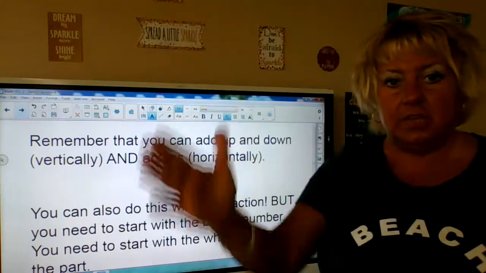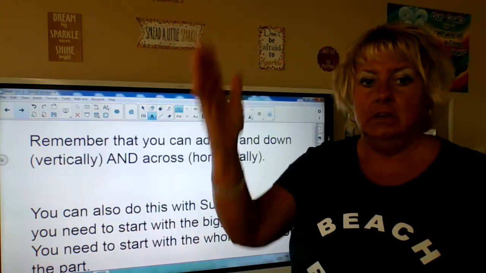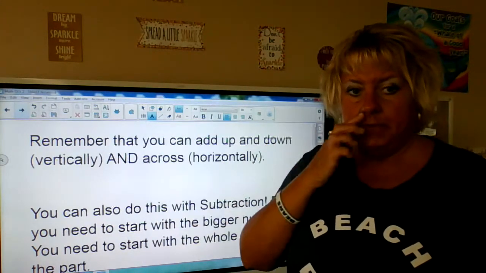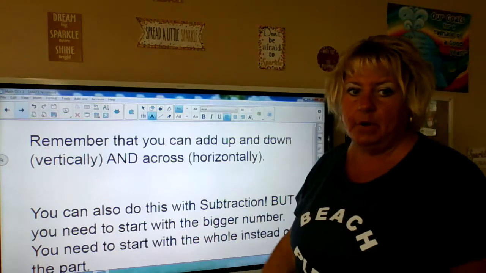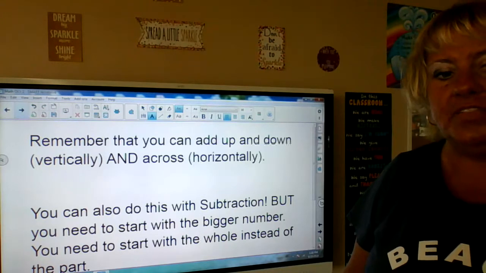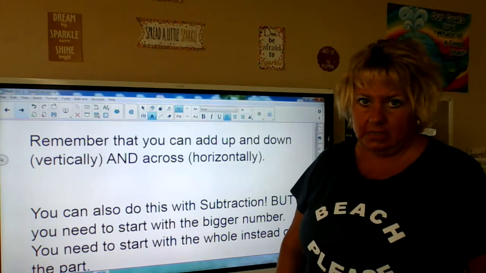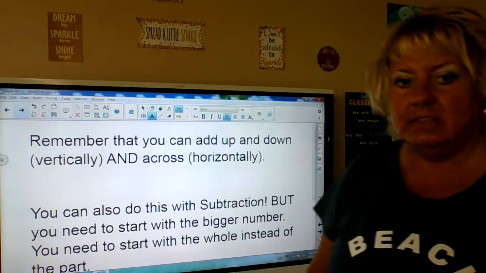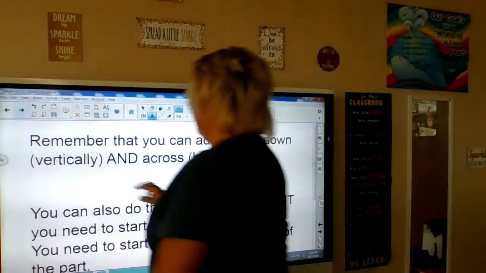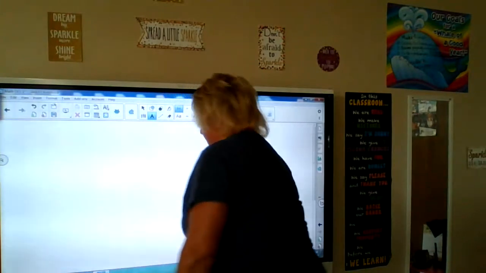In subtraction, you can subtract up and down or across. But you need to start with the bigger number. You need to start with the whole instead of the part. And I'm going to show you what I mean by that.